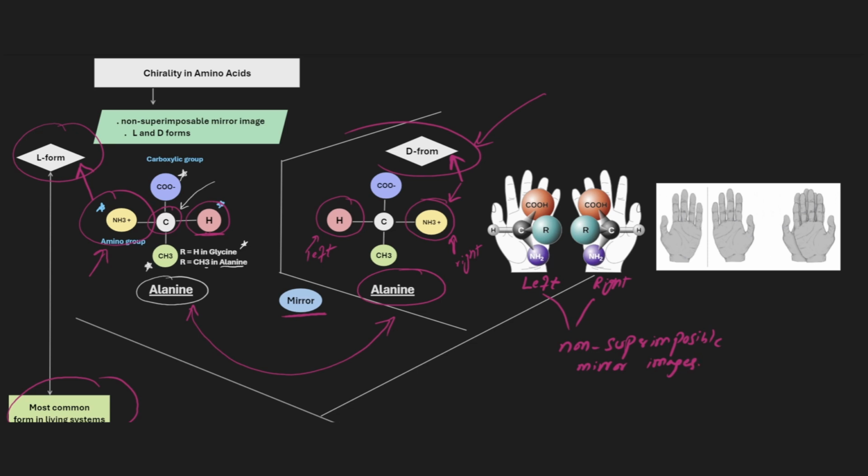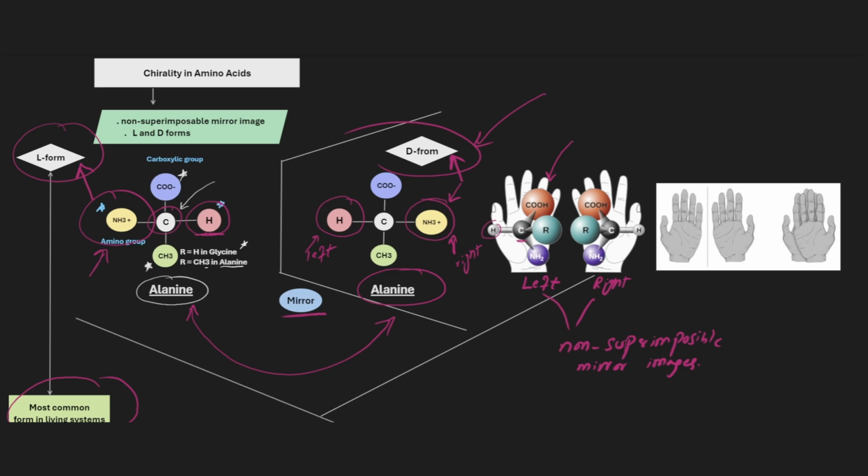What do you mean by non-superimposable mirror images? Just look at this hand structure. This is the left hand, this is the right hand. These are the 2 mirror images of each other. And just to help you understand better, we have a diagram of the amino acids over this hand. And now you will notice that there are 3 functional groups on one side of the chiral center and 1 hydrogen atom on the other side of the chiral center.